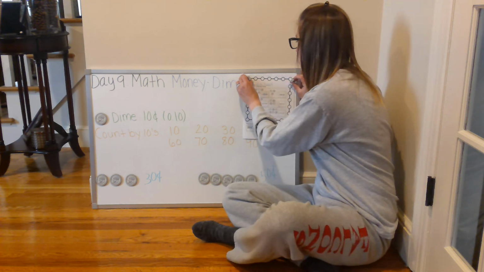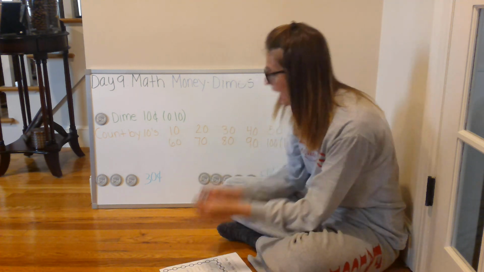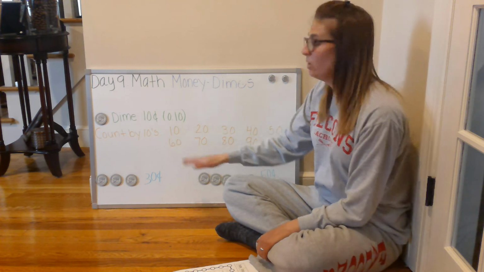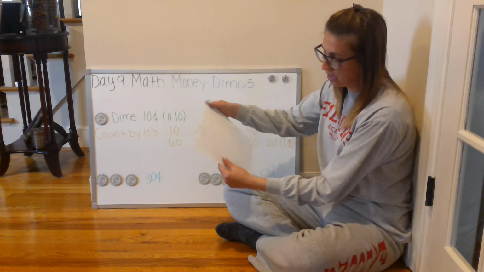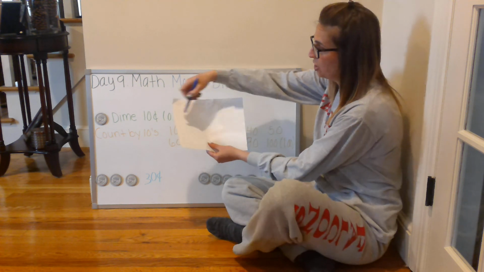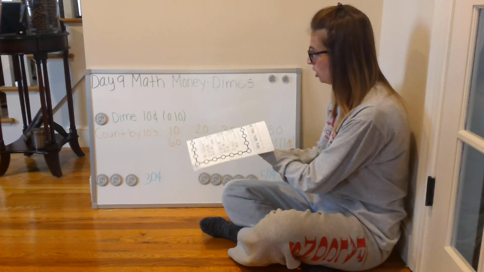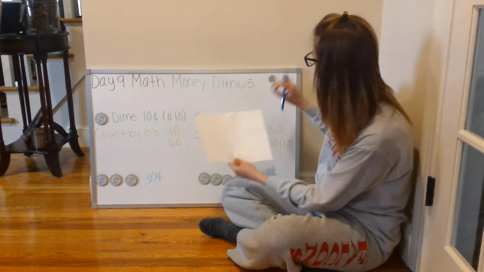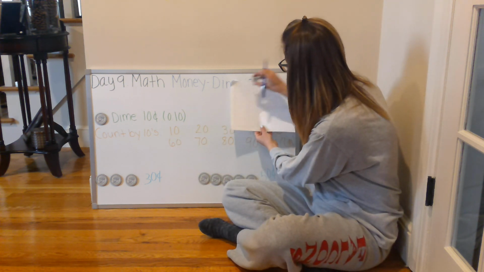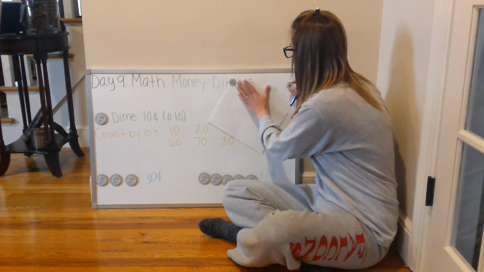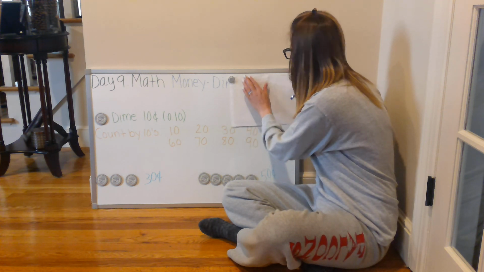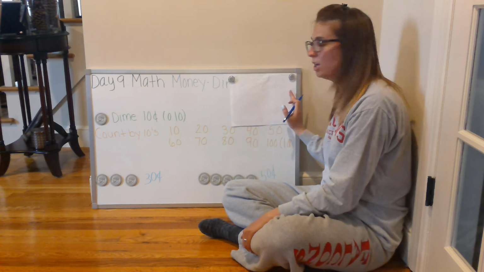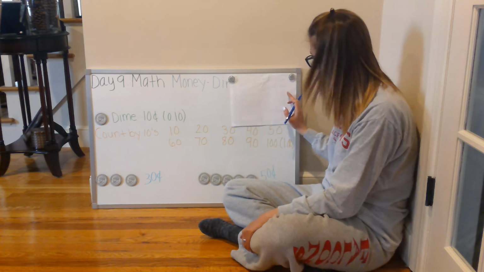But before I leave you to do that on your own, I want to count by tens with you all again. Remember, it would be helpful if on the back of your paper you write your number line up to 10. I would copy this number line that I have here on the back of your paper. Actually, you know what, let's just do it together right now. Let's turn your paper over, and we're going to create a number line from 10 to 100 on the back of your paper to help you.